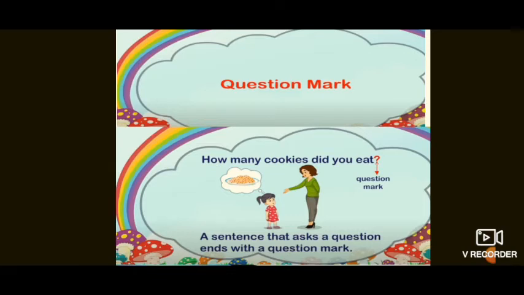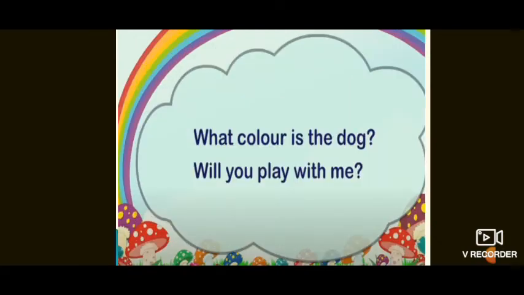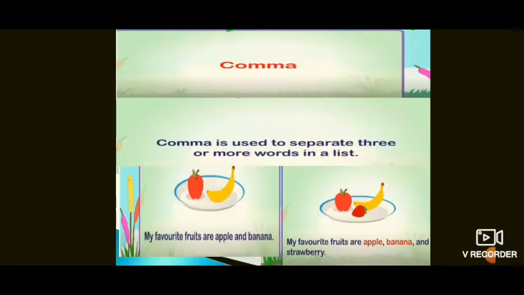Can you see, children, at the end of the sentence there is a question mark. Few more examples, children, like: What color is the dog? Again, the beginning of the sentence is capital and the end of the sentence is a question mark, since the sentence belongs to a question. Will you play with me? Again there is a question mark at the end of the sentence.